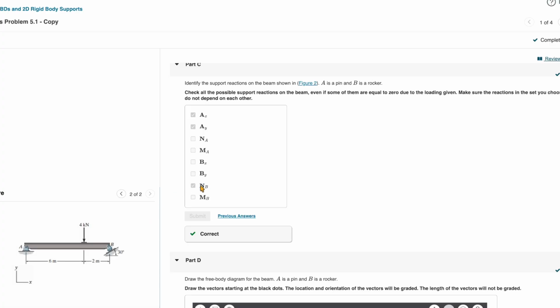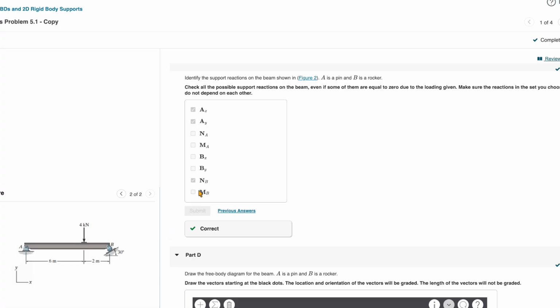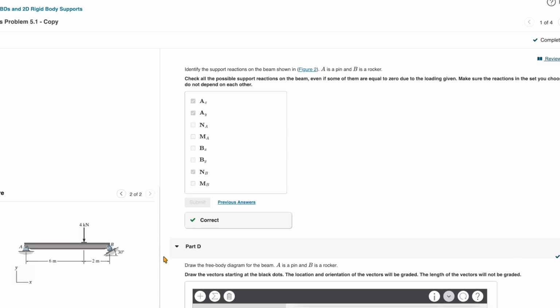And that's due to the normal force on B. The normal force is the force that points perpendicular to the plane that it's on, and so in this case, the normal force would point from this plane, this 30-degree angle, all the way up and complete that. And then the moment around B, it's a rocker. It has the ability to move like that, and so there's nothing preventing it from doing so.